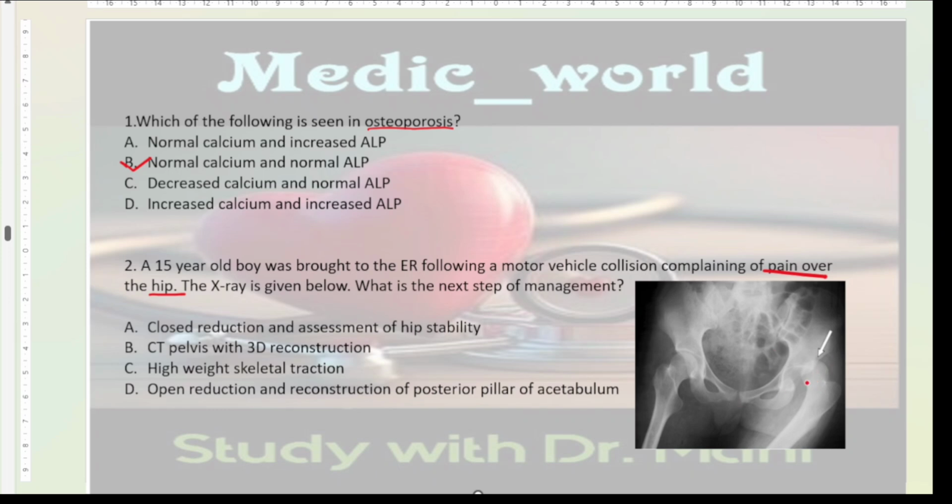Here, in the radiograph, we can see there is upward and lateral dislocation of the left femoral head with an obscured lesser trochanter, which is suggestive of posterior dislocation of the left hip. And the next step of management in posterior dislocation of hip is closed reduction and assessment of hip stability. So the answer to this question is option A, that is closed reduction and assessment of hip stability.